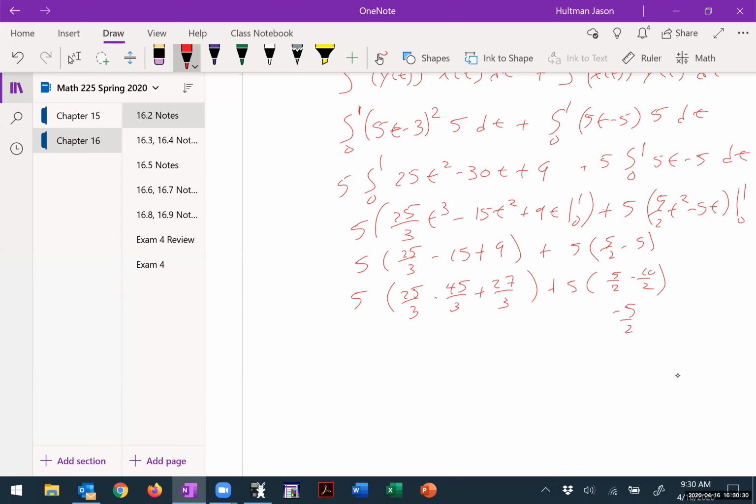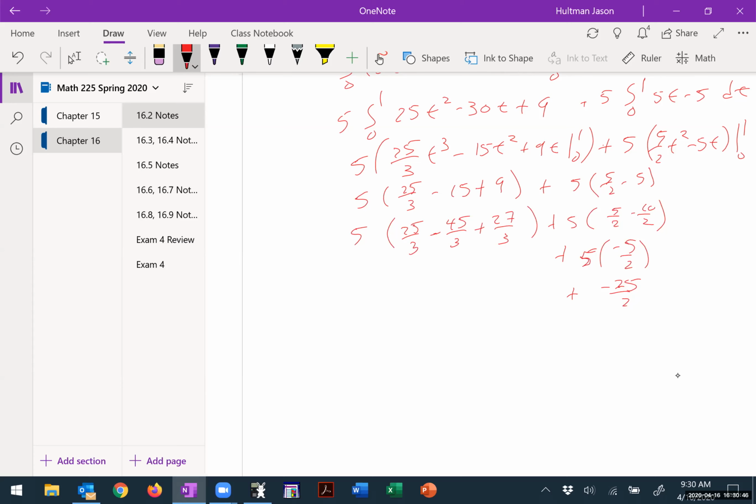Okay, this is going to be 25 minus 45 is negative 20, plus 27 is 7. So this is 7 thirds times 5, which is 35 thirds. So this is 35 thirds.